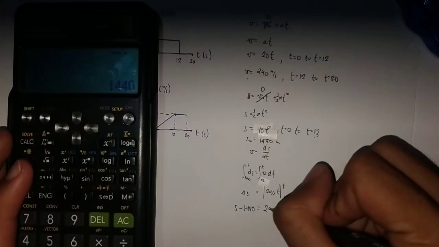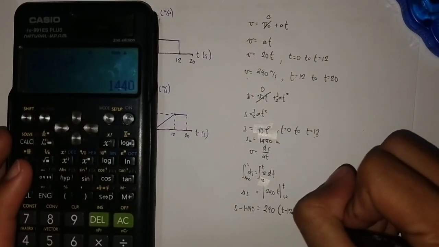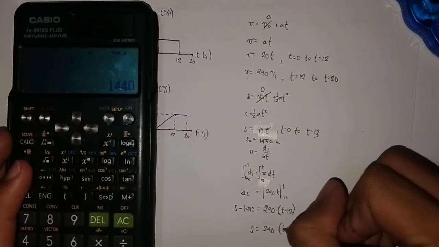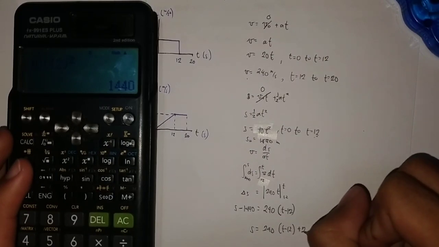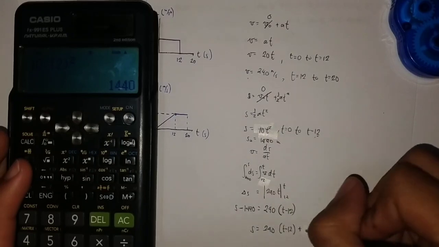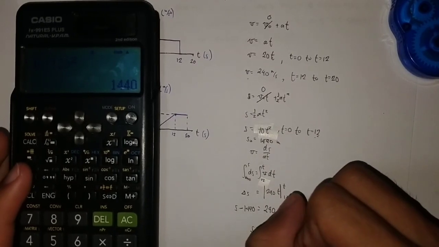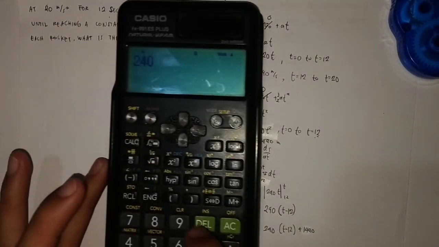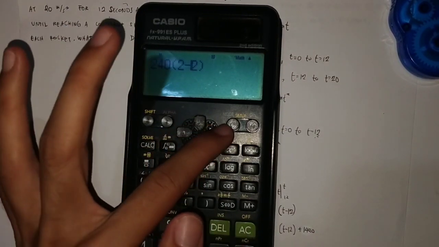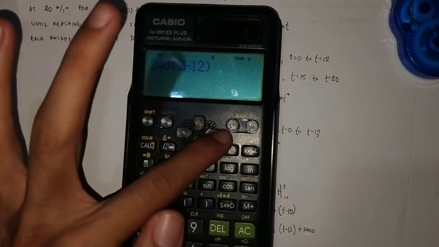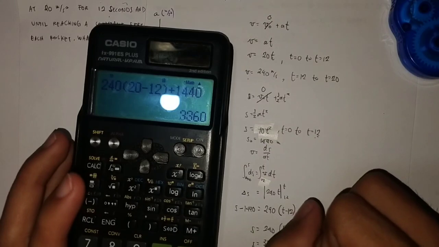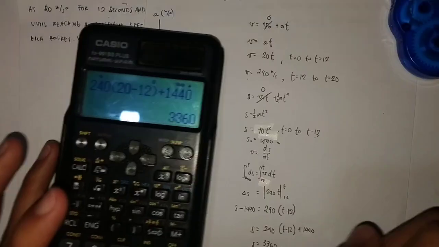We can isolate the t minus 12, and then we have s equals 240 times t minus 12 plus 1,440. Then s here is 240 times 20 minus 12 plus 1,440. We have 3,360 meters.